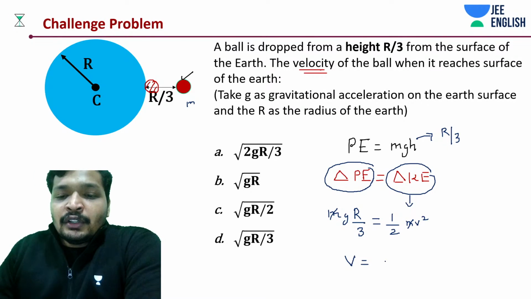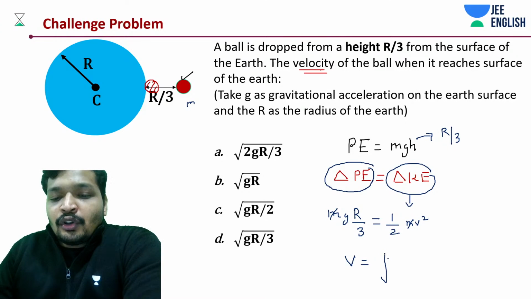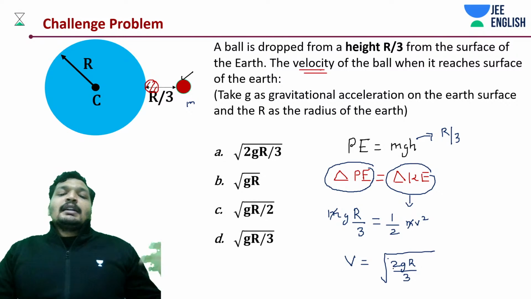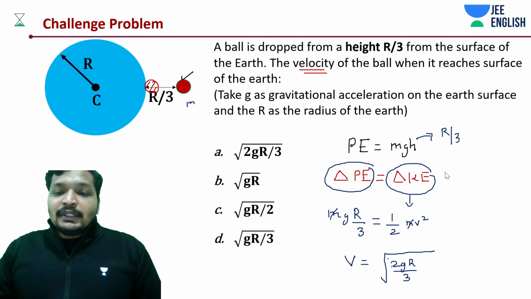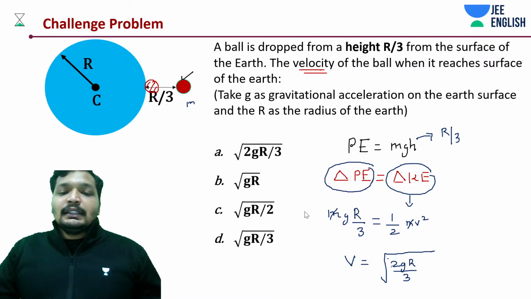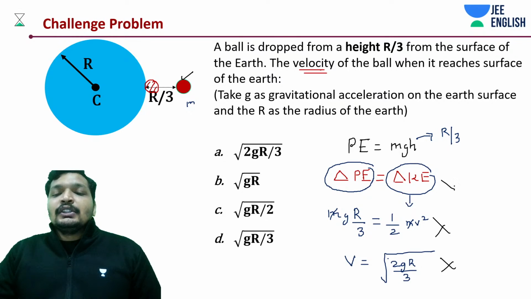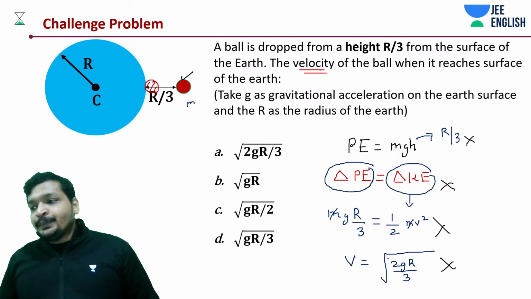That way your velocity should be under root of 2gr by 3, right? But if you are thinking about this as the answer, definitely this is the wrong one. Why is that so?